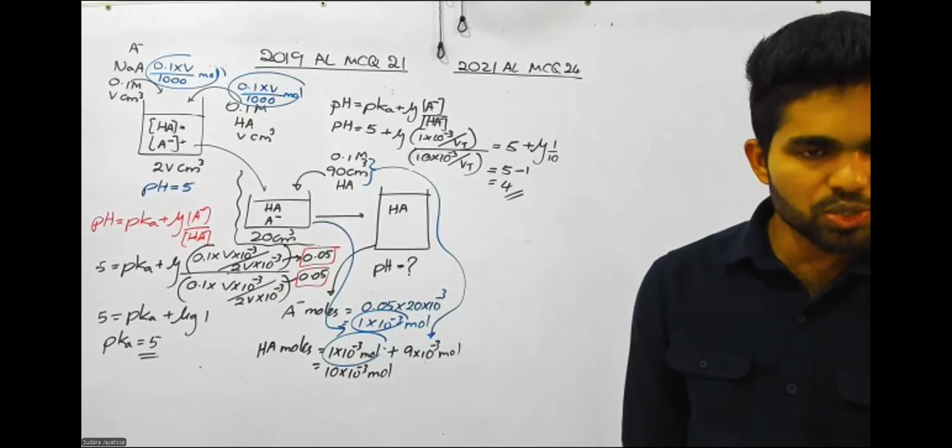Then if you simplify, you get 10 equals 1 plus V, so V equals 9 centimeter cube. Understood? Both questions are quite similar. That's why I didn't erase the value. Online students, is that clear? Any doubts?